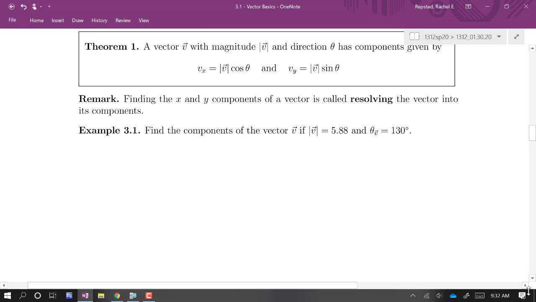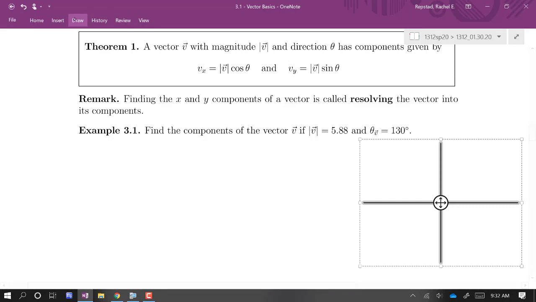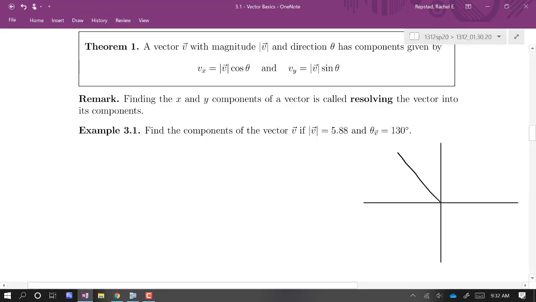So suppose we've got a vector. They give us a magnitude of 5.88 and a direction of 130 degrees. What quadrant is this in? Second quadrant. So it's like here, 130 degrees, and then we have a magnitude of 5.88.